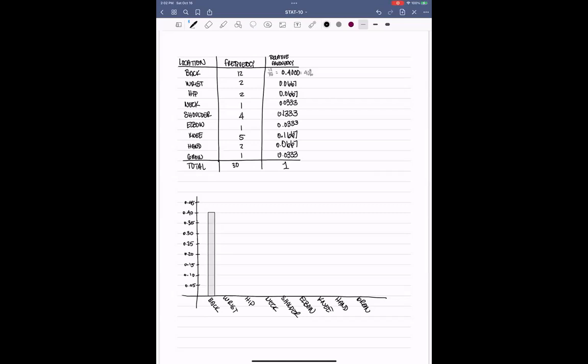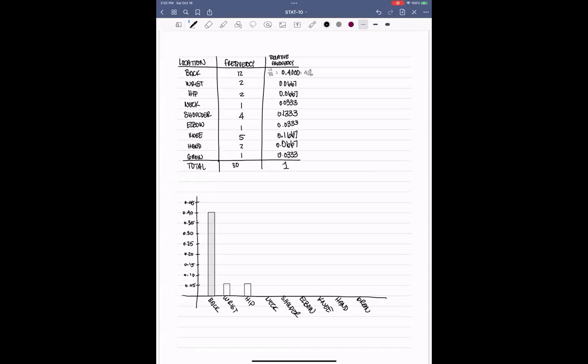For wrist, we're going up to 0.06. 0.05 is right there, so we're going to go just above that to 0.06. That's for wrist. The next one is hip, going up to 0.06 again.